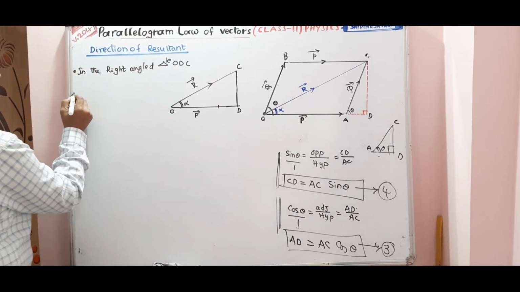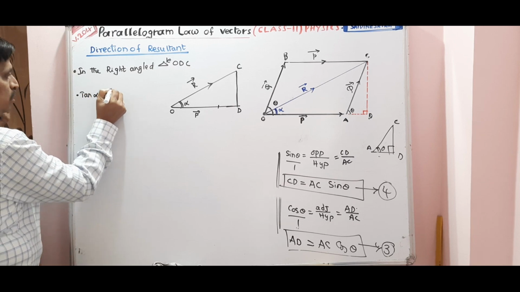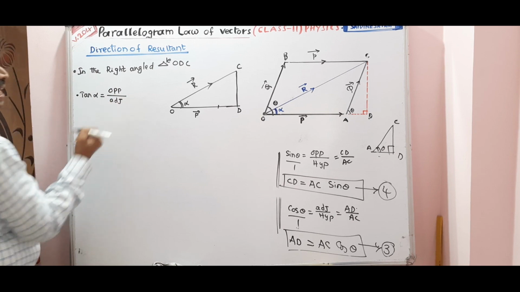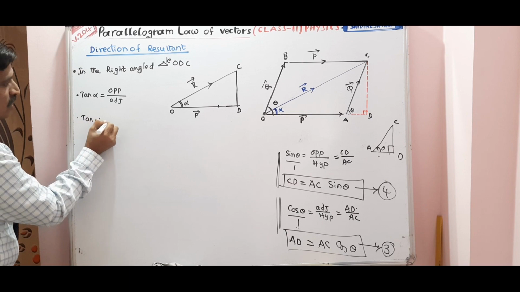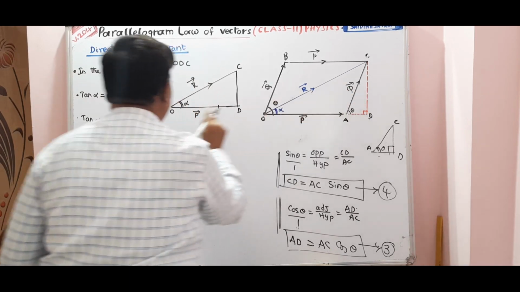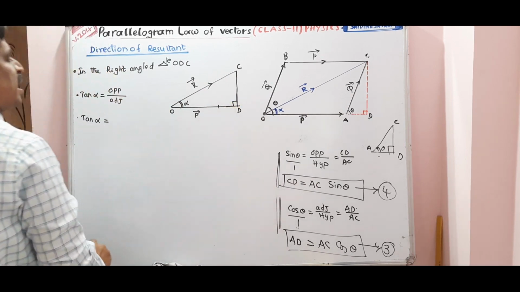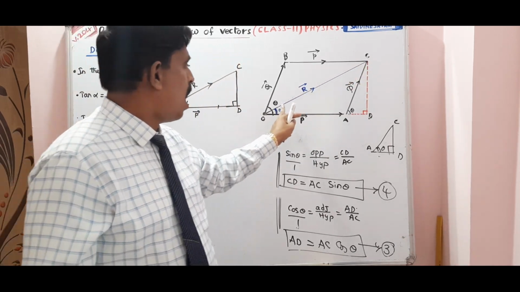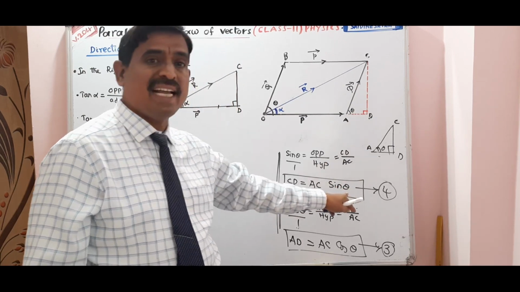Tan alpha is equals to opposite side by adjacent side. Alpha's opposite side, in the right angle triangle ODC, we know: CD is equal to AC sin theta.